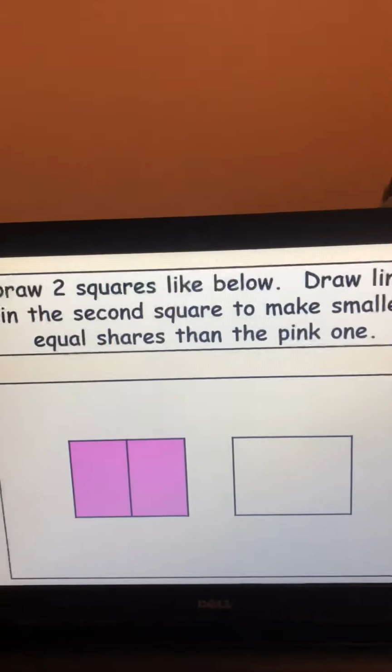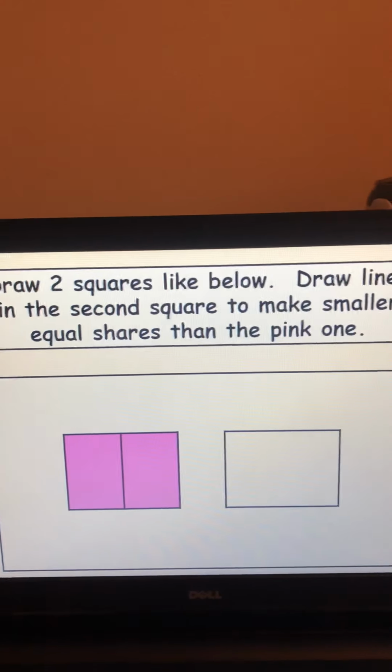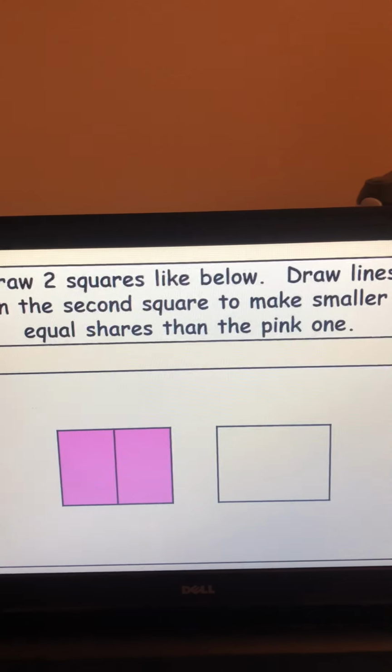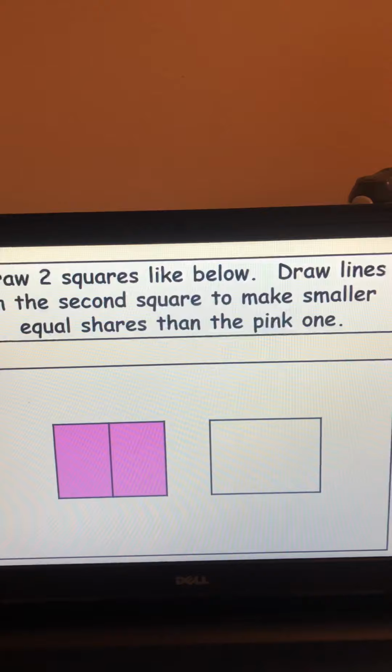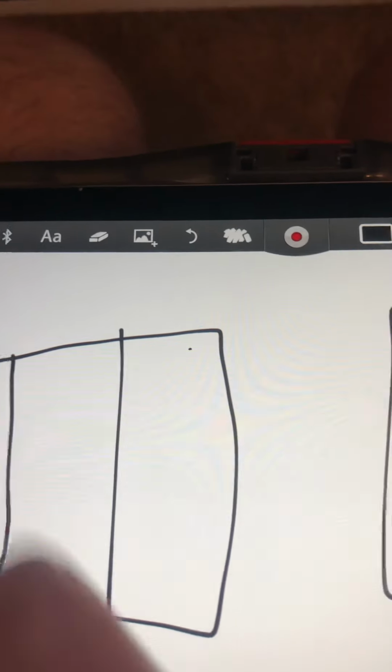Okay, the next part says draw lines in the second square to make smaller equal shares in the pink one. So this second one right here needs to have smaller equal shares than this one. Remember, this one has two. So if we're looking for smaller equal shares, think about it.